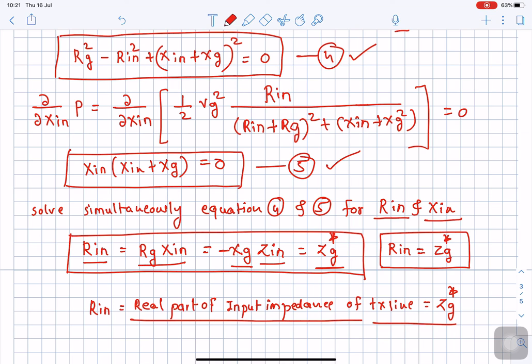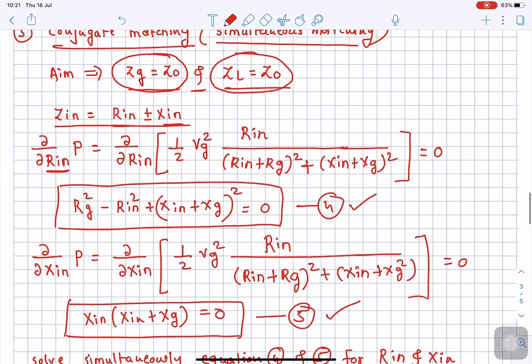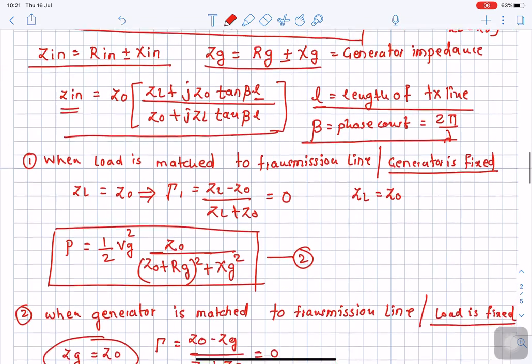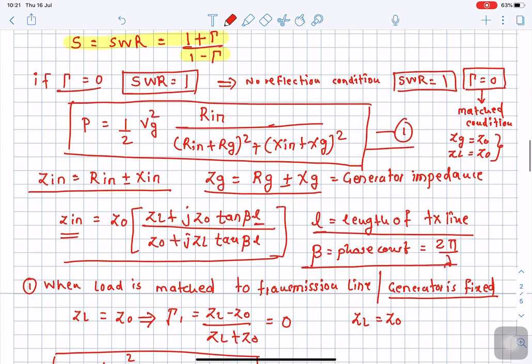And this is why this third special case of matching circuit we call complex conjugate matching.